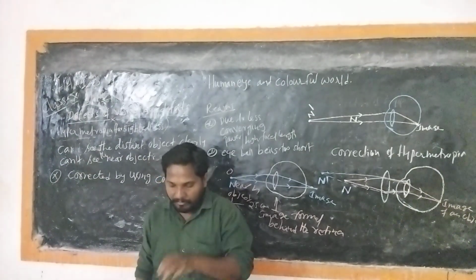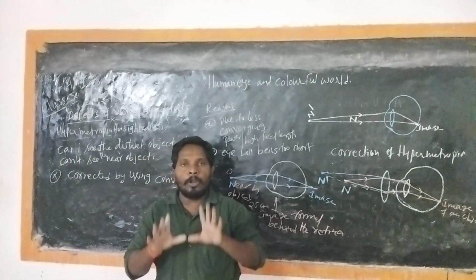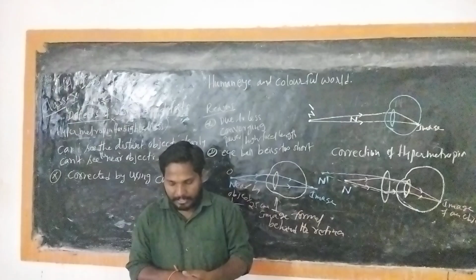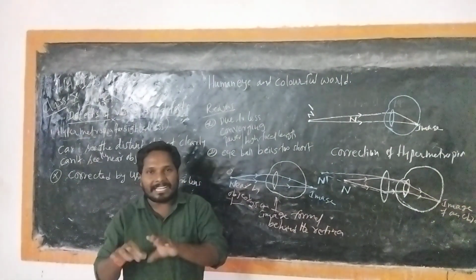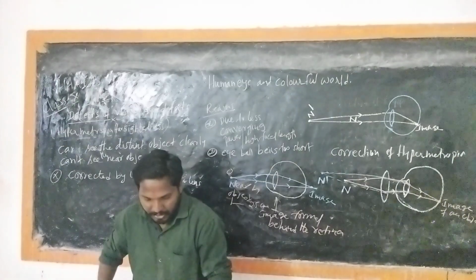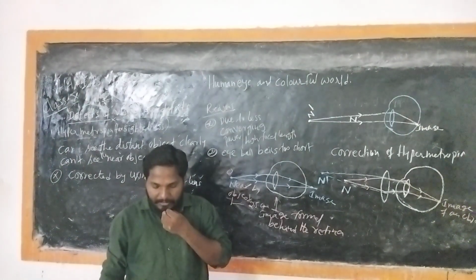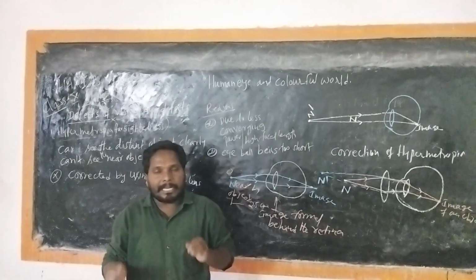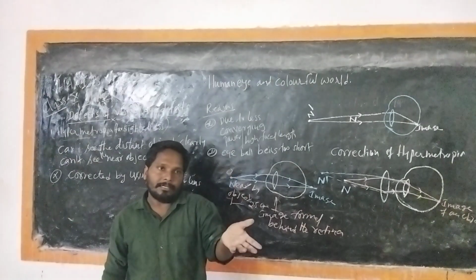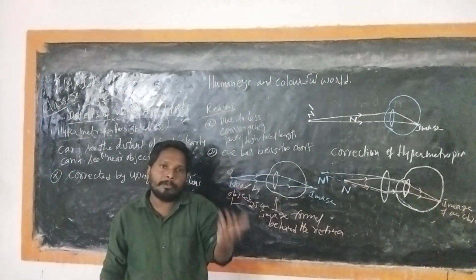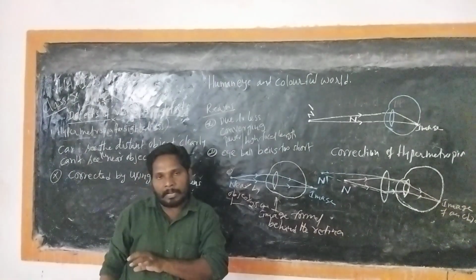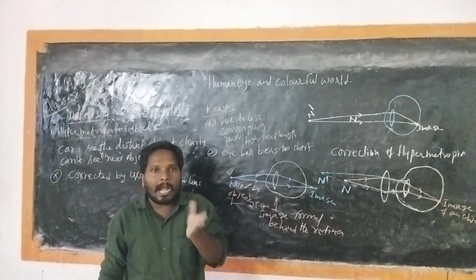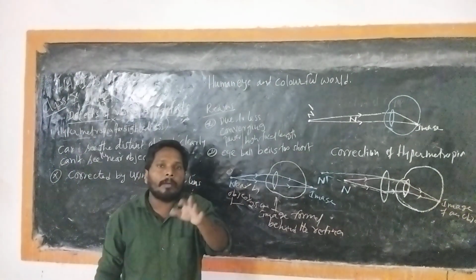Then presbyopia, the other one. Presbyopia is the defect of vision due to which an old person cannot see the near object clearly due to loss of power of accommodation of the eye lens. So the older people are unable to see the nearer objects, because they have no power of accommodation.